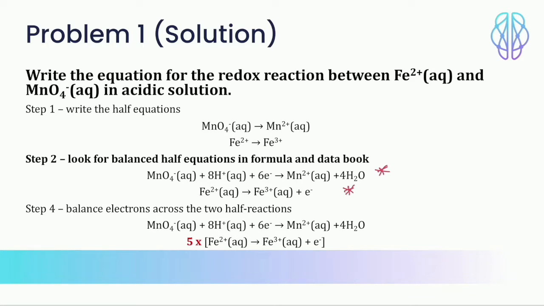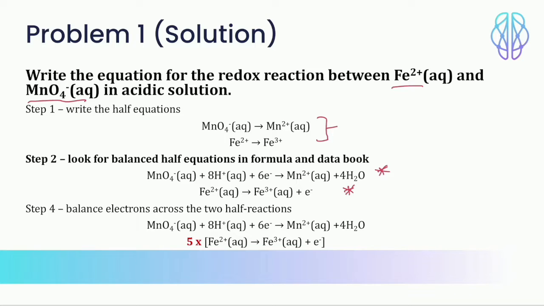And one thing you can see is with these formulas, they're balanced. So our first step with balancing a redox reaction is finding the half reactions. This you might be able to skip through and look in your workbook, the data book, and find these two half reactions here.